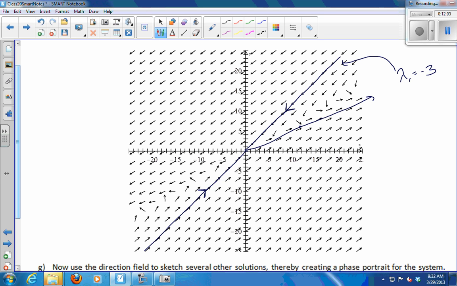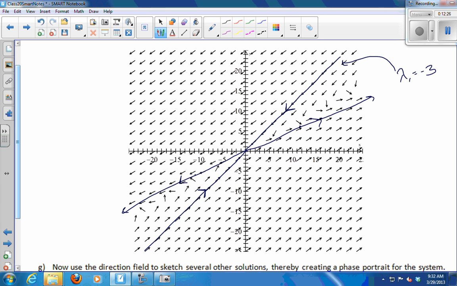Not very straight, sorry. There's another straight line solution. And that one was associated with lambda equals 2, which means the solutions are moving away from the origin, which is supported by the vector field.